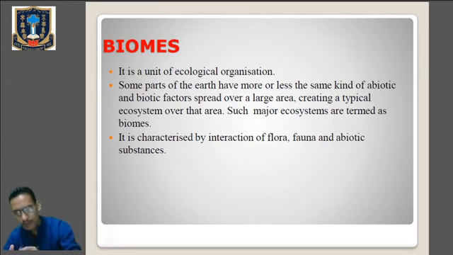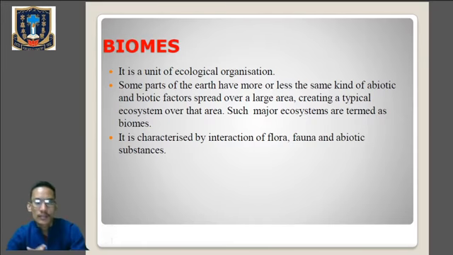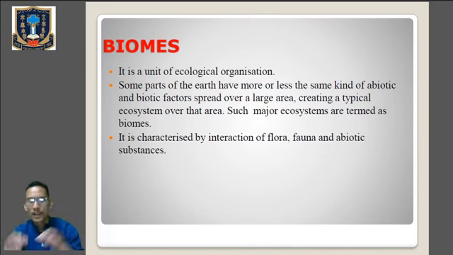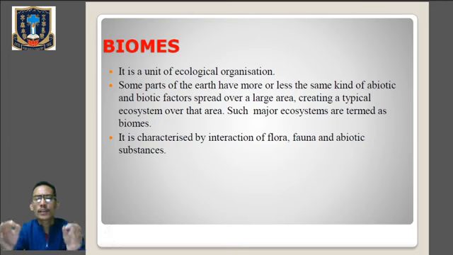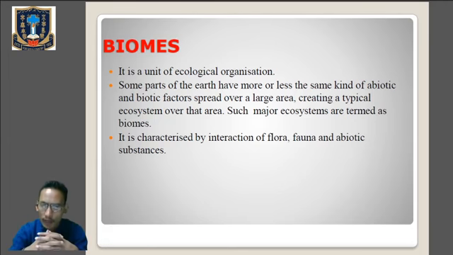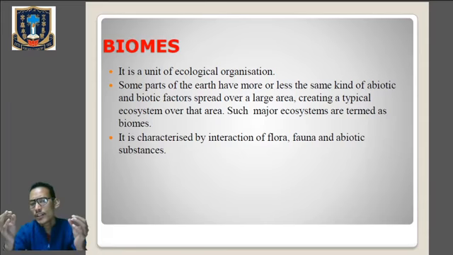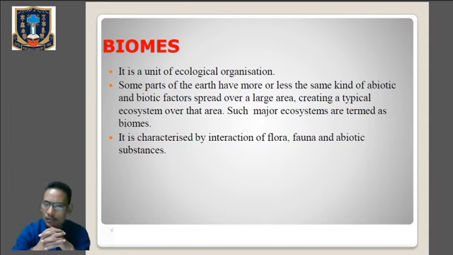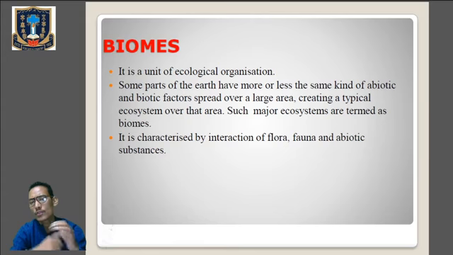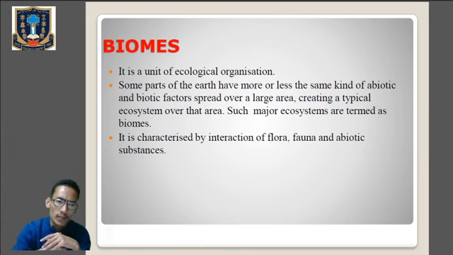The interaction among the biotic and the abiotic factors shows the characteristics of a particular biome. Most habitats on our planet Earth have more or less the same kind of biotic and abiotic factors, and this will create a typical ecosystem over that habitat or area. Such major ecosystems are known as biomes.